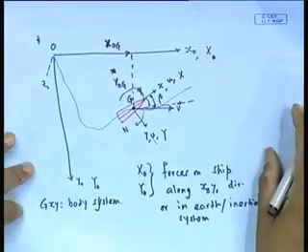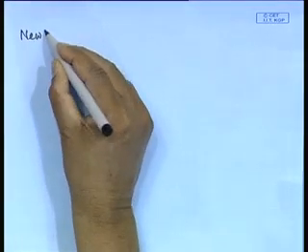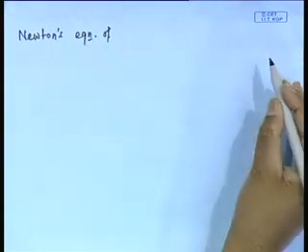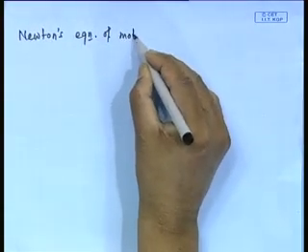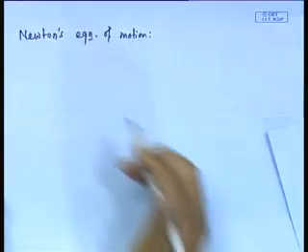The question is that I have to develop Newton's equation of motion which is suitable for me to study, and ultimately I have to write it in the body frame. Now, let us look at how we can do that. Newton's equations of motion apply in the inertial frame. Why not in the body frame? Because the body frame is rotating. Remember, it is not a fixed frame, so we have to transfer that using some mechanism.